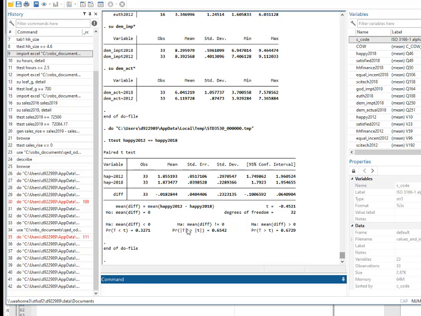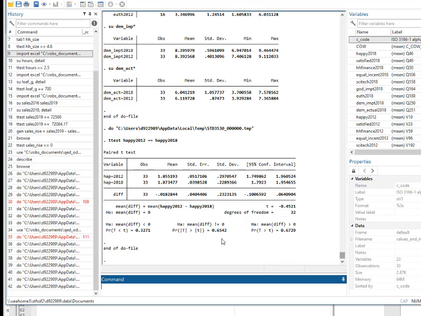So if in fact there hasn't been a change, then what's the chance of getting a difference as big as this, quite a small difference, among this sample of 33 countries? It's 0.6542, so it's quite a high chance. There's a very good chance of getting this if there is no difference in actual fact between the two years. So the null hypothesis we have to stick with.